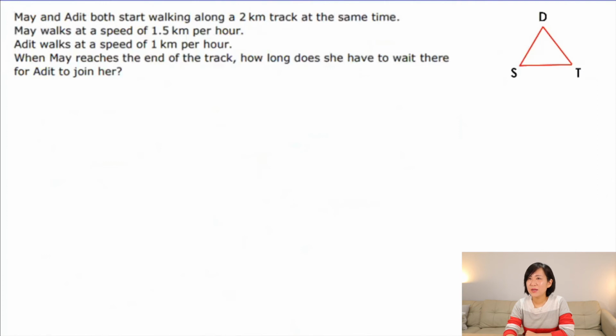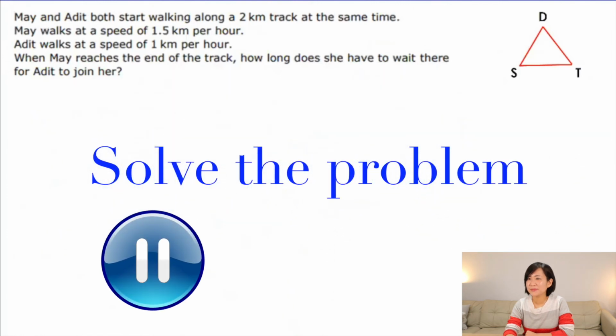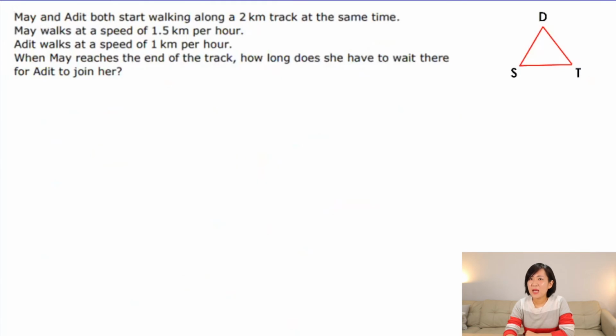Now, again, let's see. Always identify your missing values. May and Adit both start walking along a 2-kilometer track at the same time. May walks at a speed of 1.5 km per hour, and Adit walks at a speed of 1 km per hour.